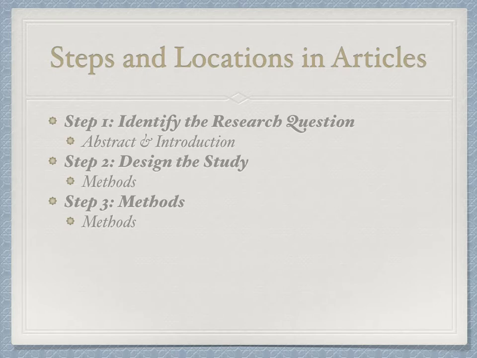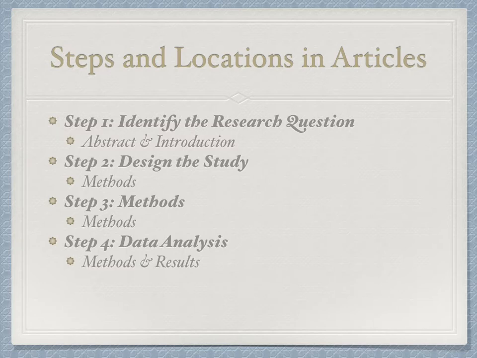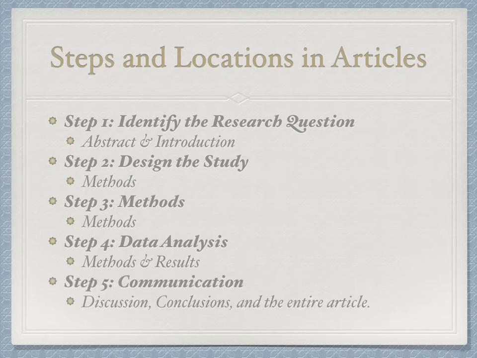Our fourth step is data analysis. So what's it all mean once we collect all the data, and then we interpret the data. Again, that's going to be in methods and the results section. And obviously the fifth step, communication, that's the discussion section, the conclusion section, and the entire article.